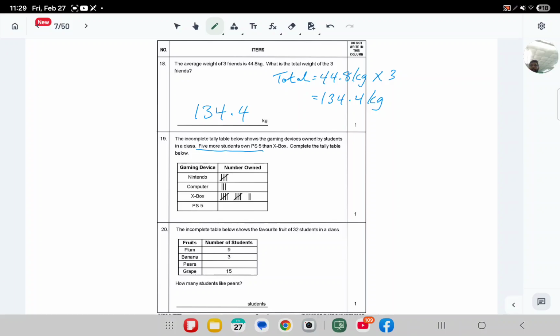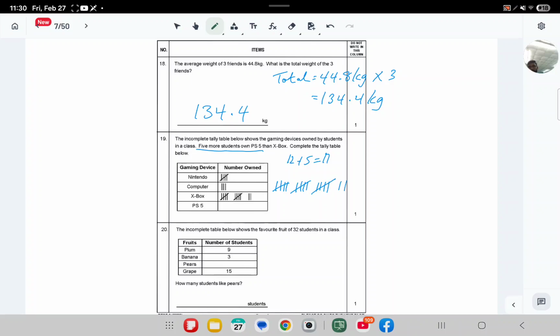So that means whatever Xbox is, to find out for PS5, you need to add on 5 more. So we know Xbox is 12. 12 plus 5 more, which is equal to 17. To complete the tally, so there's 1, 2, 3, 4, 5, 6, 7, 8, 9, 10, 11, 12, 13, 14, 15, 16, 17.